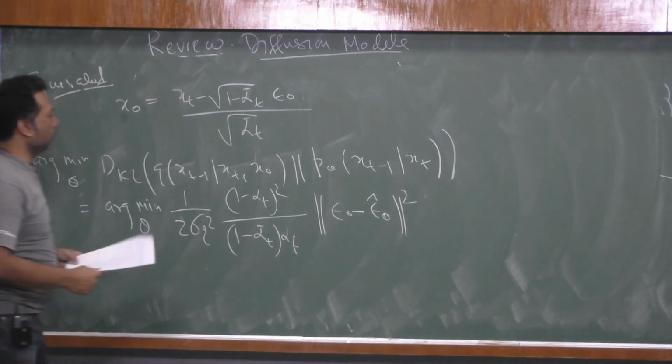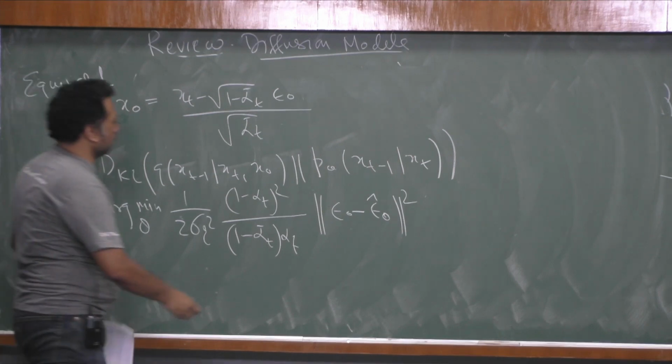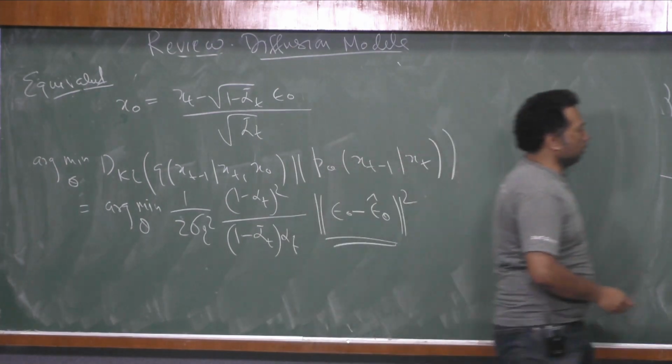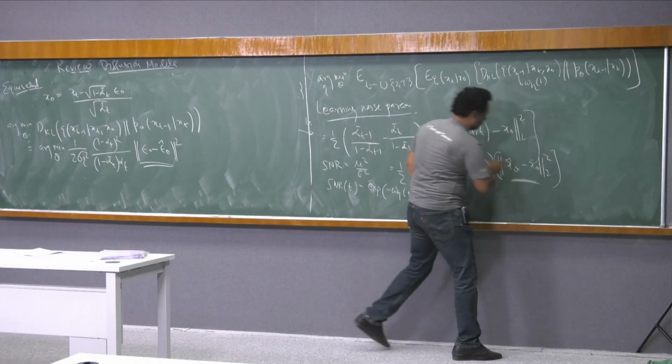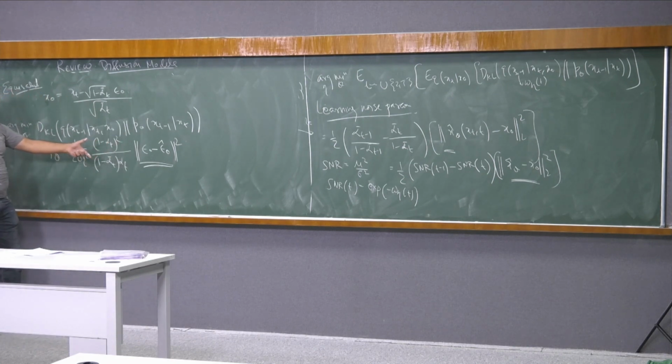We did the derivation with this choice of x0 and got this. This is the difference, epsilon naught minus epsilon theta, where before you had x0 minus x theta.